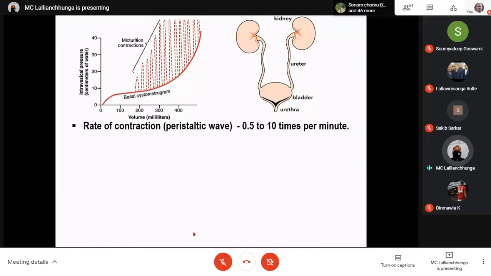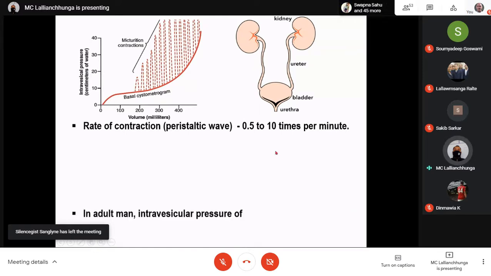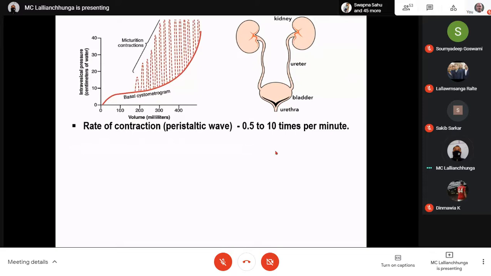So, the rate of contraction of the peristaltic wave in the ureter is around 0.5 to 10 times per minute.